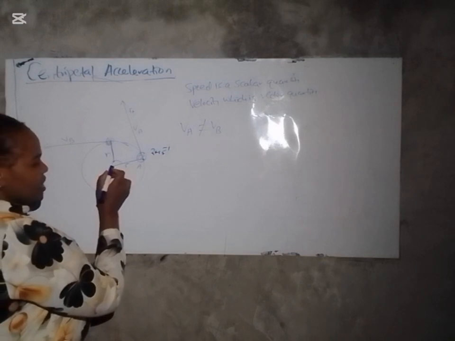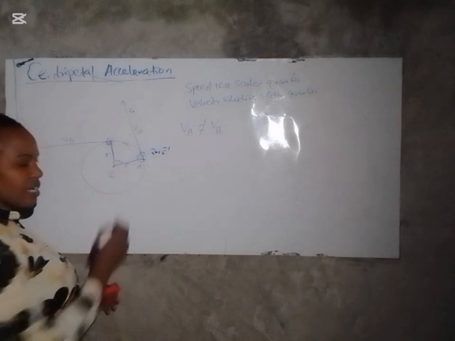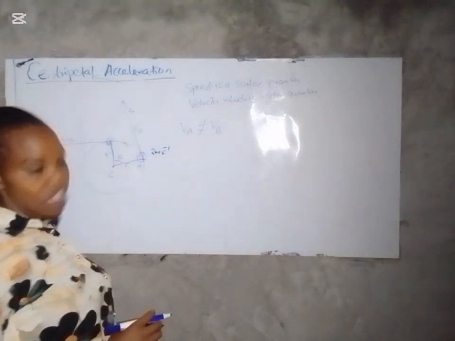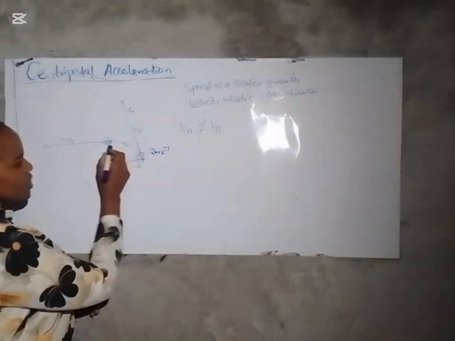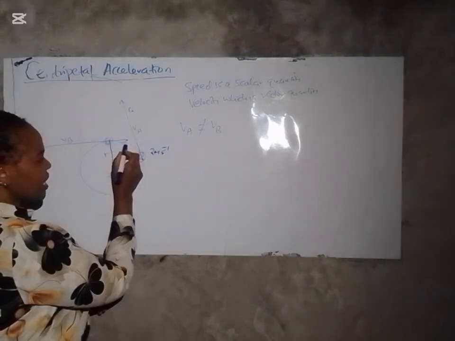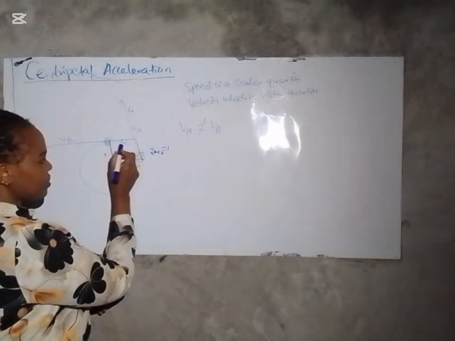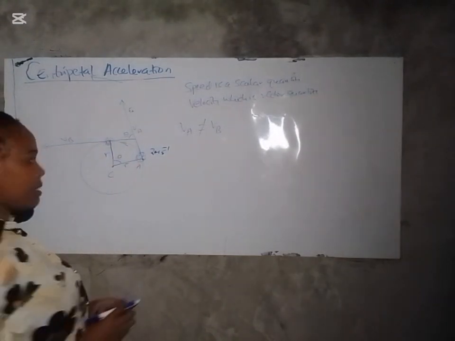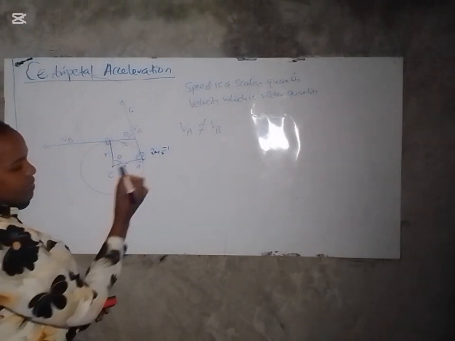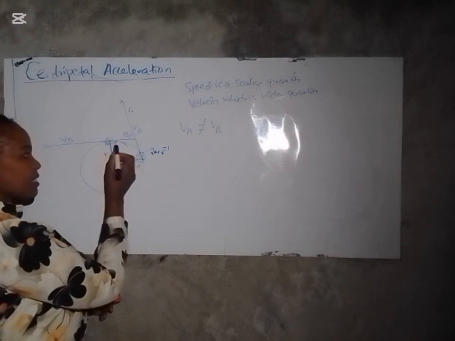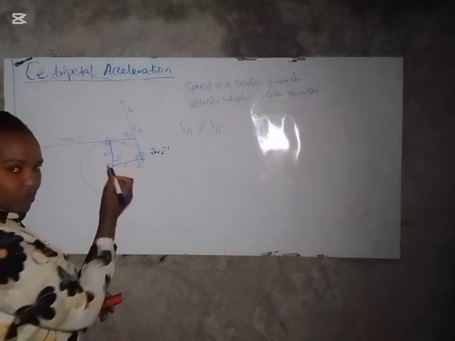If the angle between the two radii is theta, and I were to produce this normal to touch the other velocity like that, that angle will also be theta. Let me explain. Because this is a normal to the first radius, and the second velocity is a normal to the second radius.